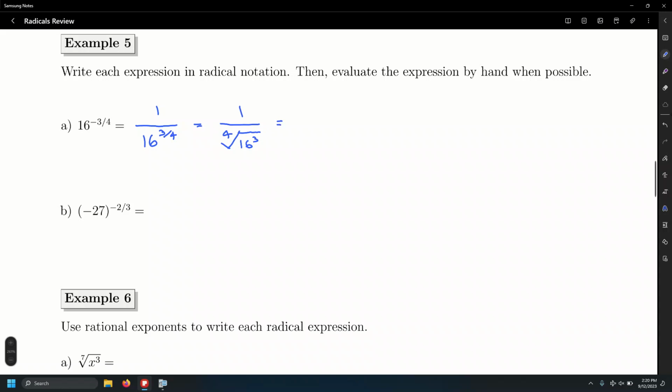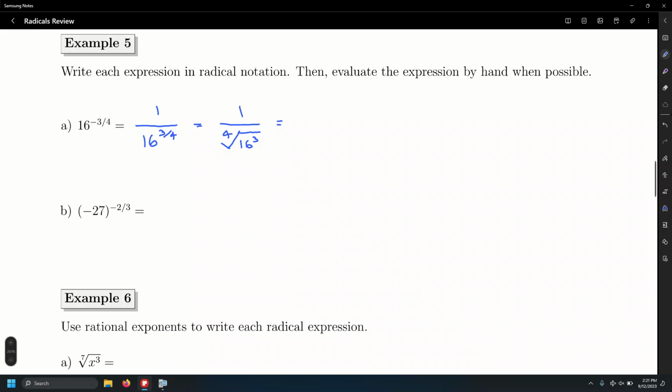All right? And again, without using a calculator, do you want to raise that 16 to the 3rd power to get a really big number? It's going to take a good minute, because you would have to multiply 16 times 16 by hand to get a 3-digit number, and then multiply it again by 16 to get maybe a 4-digit number. And then you would have to find the 4th root of that big number, which is not practical.